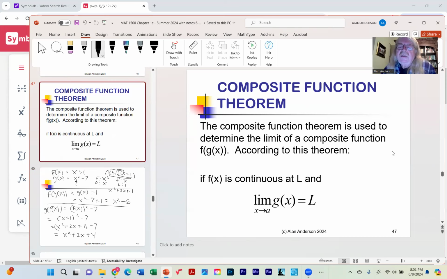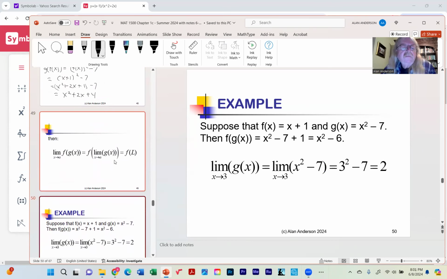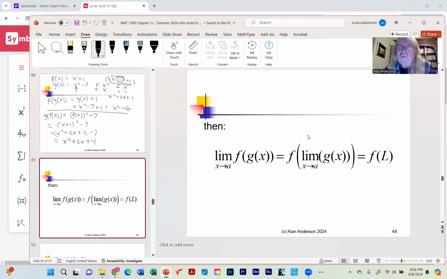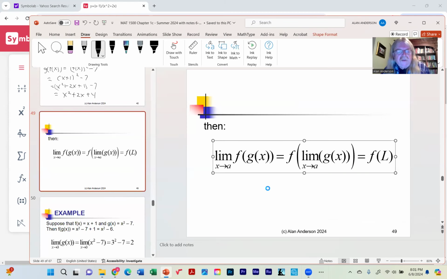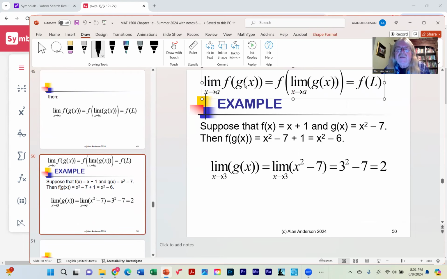So imagine we have f of x is continuous at L, and the limit of g of x as x approaches a is L. Oh, I skipped over the important part, the definition. If these conditions hold, then we can calculate the limit of this composite function as f of L. All right, that's very abstract.